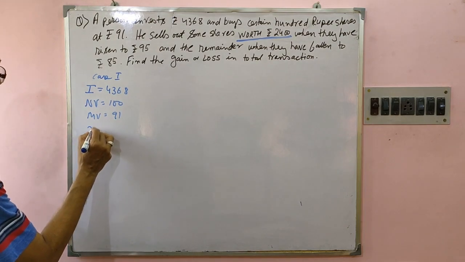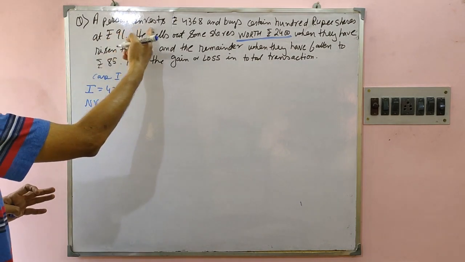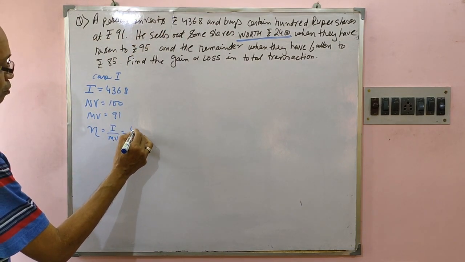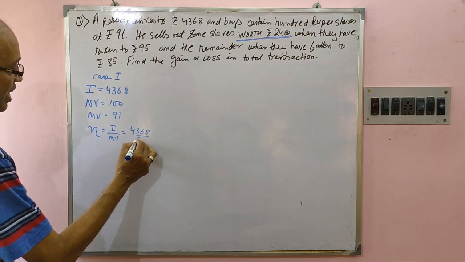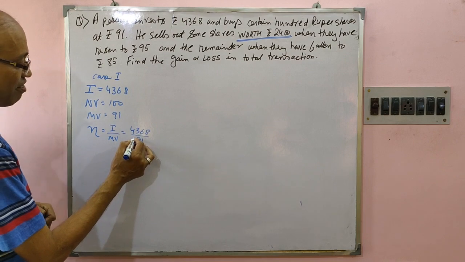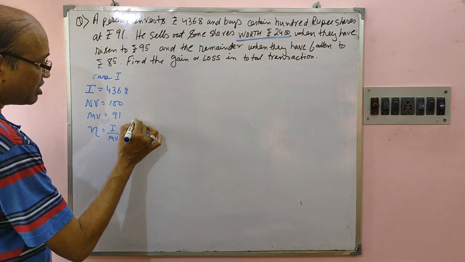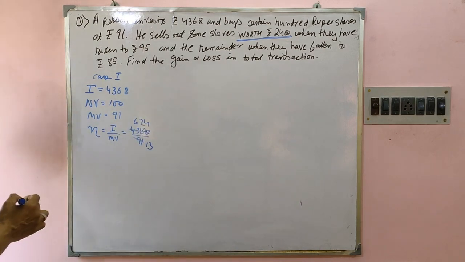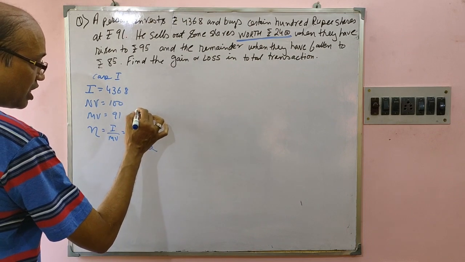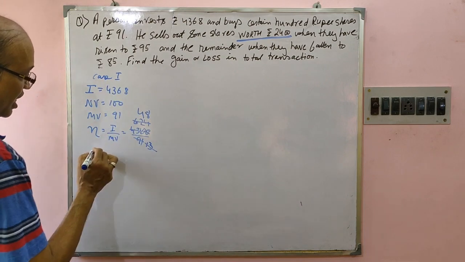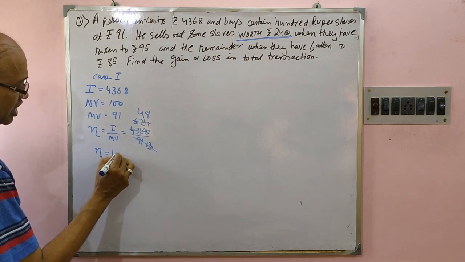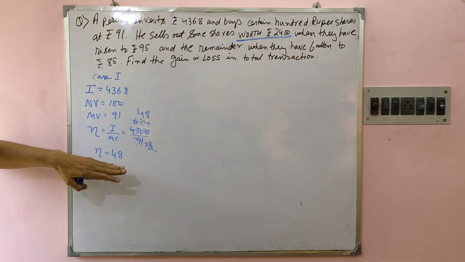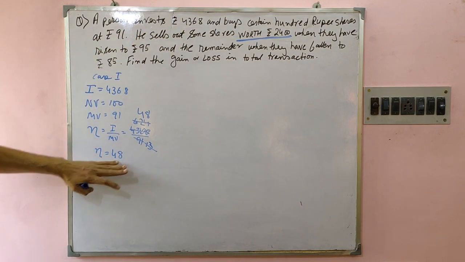Therefore the number of shares he had is investment by market value, 4368 by 91. 7 will go 13 times: 7 6s are 42, 7 2s are 14, 7 4s are 28, and 13 4s are 52, 48. The number of shares originally he had was 48 shares. When he invested this money, he had 48 shares.